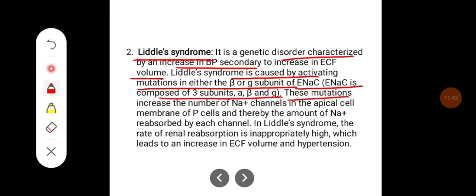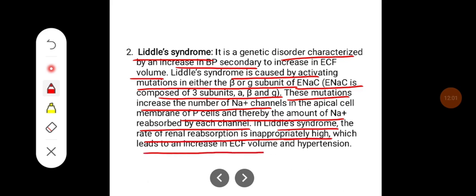These mutations increase the number of sodium channels in the apical cell membrane of P cells, and thereby the amount of sodium reabsorbed by each channel. In Liddle syndrome, the rate of renal reabsorption is inappropriately high, which leads to an increase in ECF volume and hypertension.